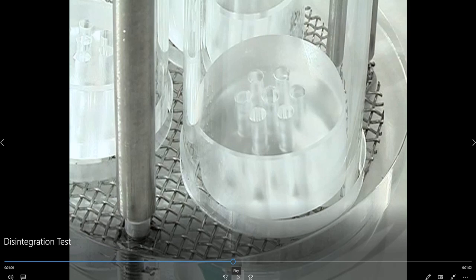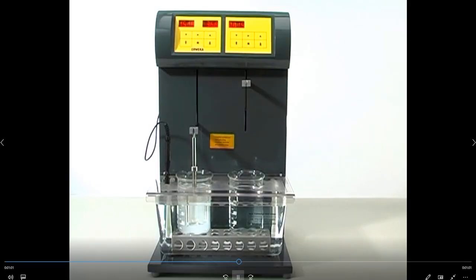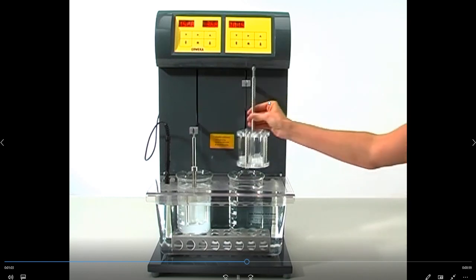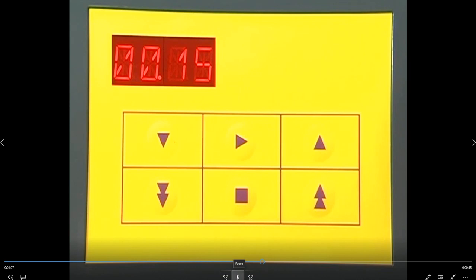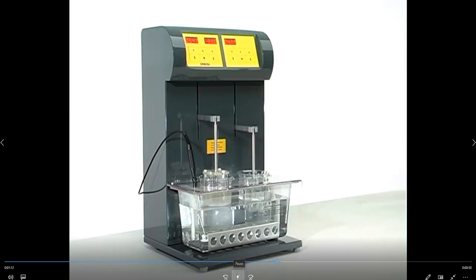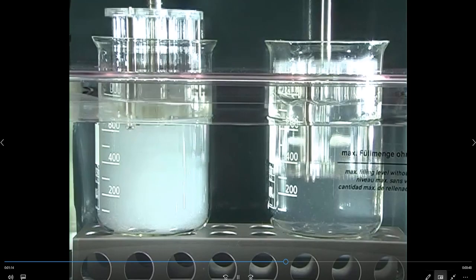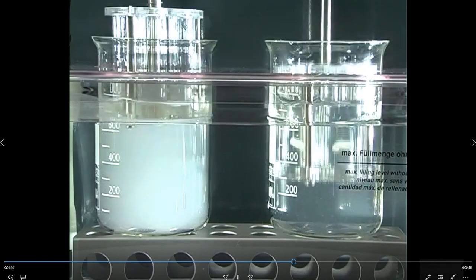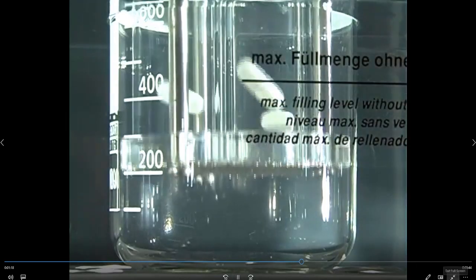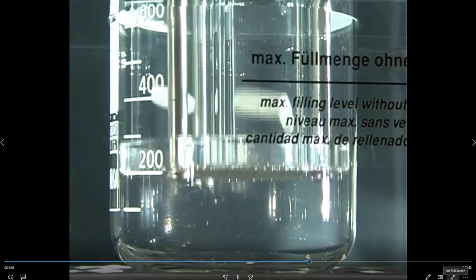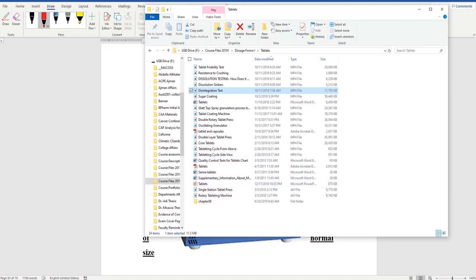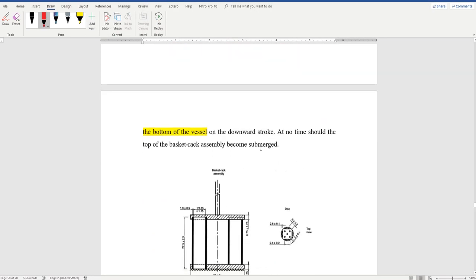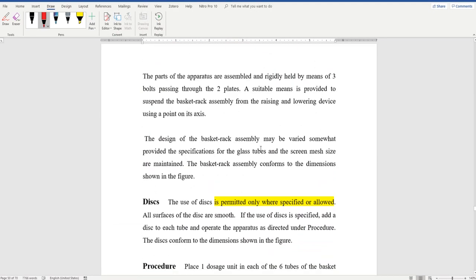In this case, you can use the larger one, which is containing 3 tubes, as you see in this station. Okay, we'll stop here and we'll continue to the next test.